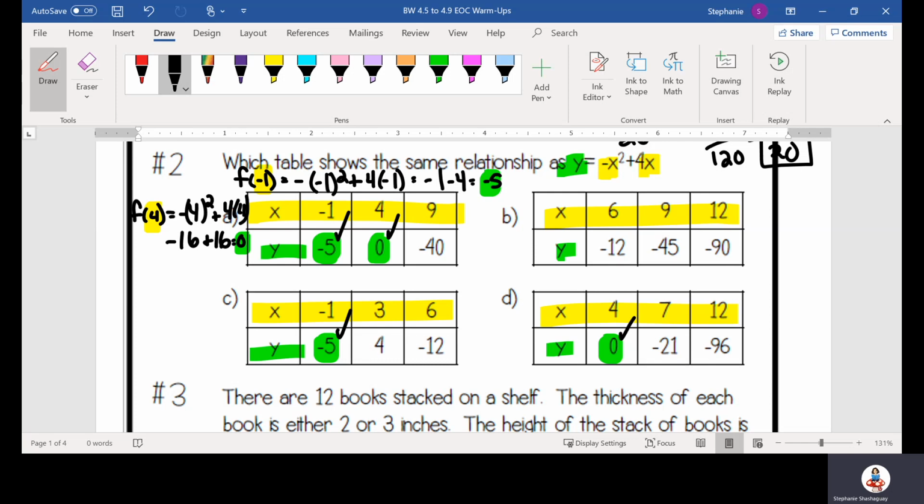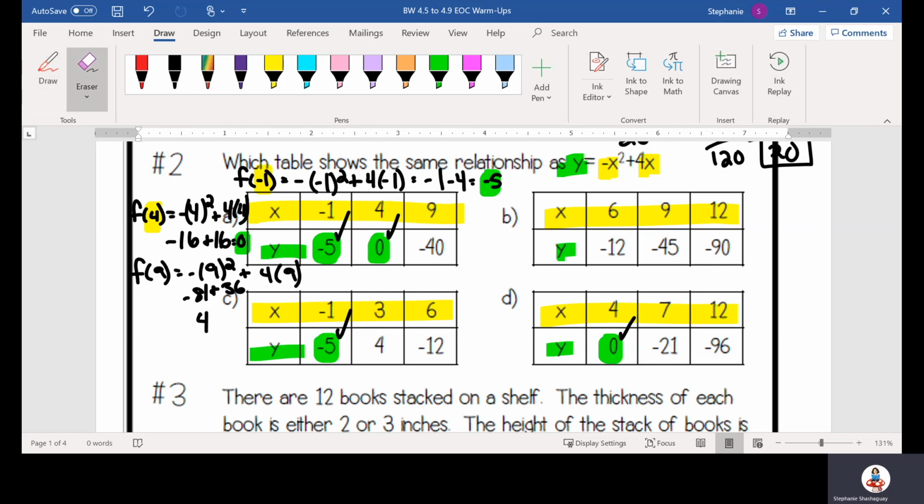Alright, now we're going to find f of 9. f of 9 is going to be a negative 9 squared plus 4 times 9. Well, 9 squared is 81, so I'm going to have a negative 81 plus 4 times 9, which is 36. Well, negative 81 plus 36 is equal to negative 45.